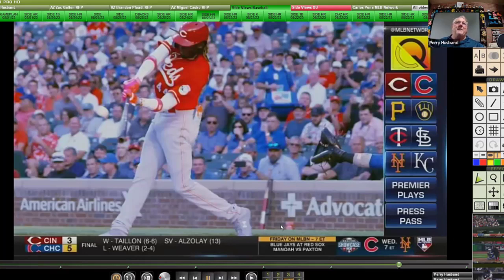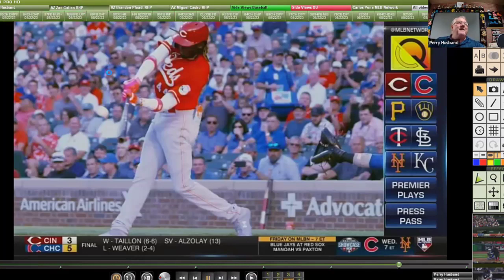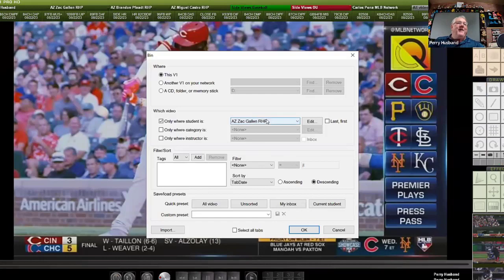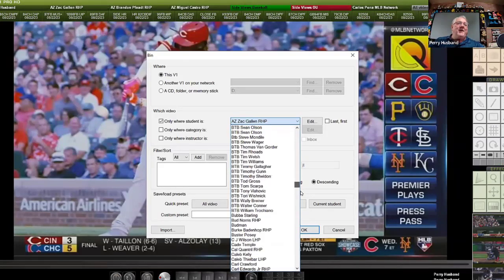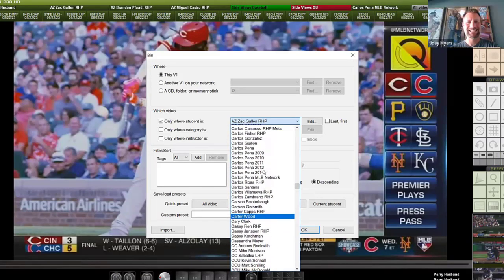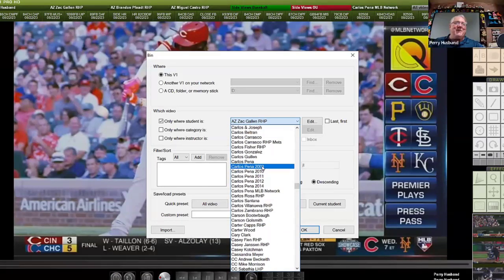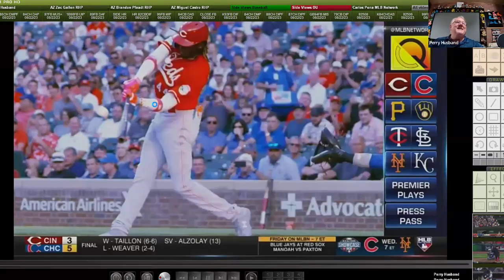Because actually when it happens, like with Carlos Pena, the one time he did it, I do have that one. I think I can find that fairly easily. The one time he did it was like, God, I hate it, because it's a single. It's a 120 mile an hour single that he just absolutely careers.